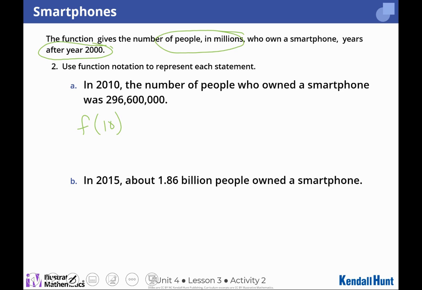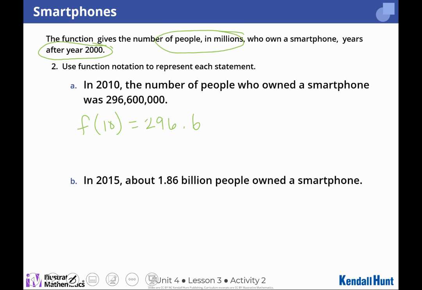The number of people who owned a smartphone was 296,600,000. So that would be 296 million. And since we want the people in millions, then we would just use a 0.6 for the 600,000. And that's how we'd represent that.